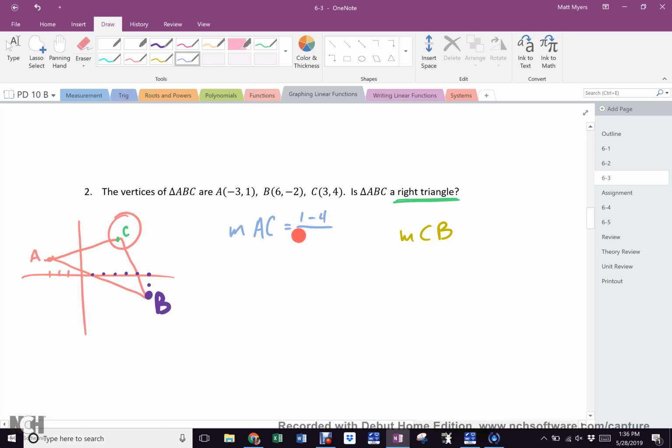Keep going, Jess. Negative 3 minus 3. What's 1 minus 4? Negative 3. Over what's negative 3 minus 3? 2 negatives make a? So it's 1/2, yes?